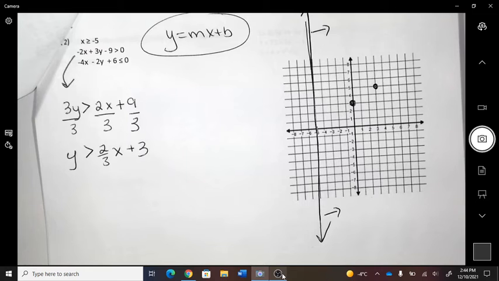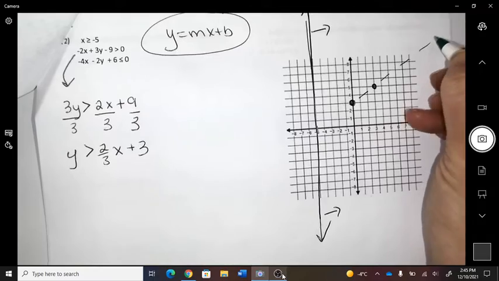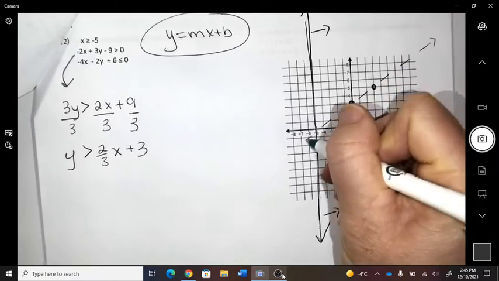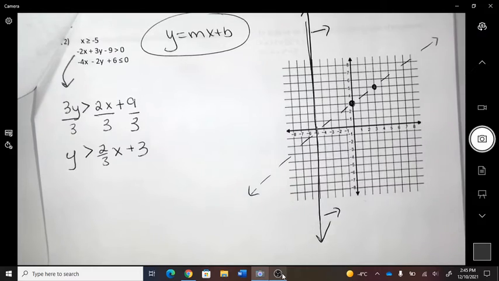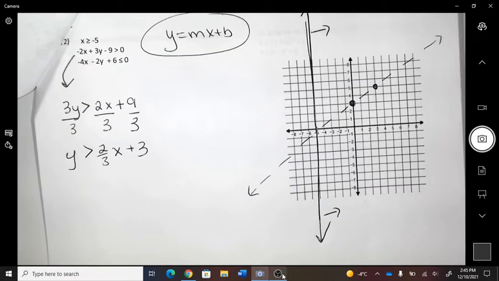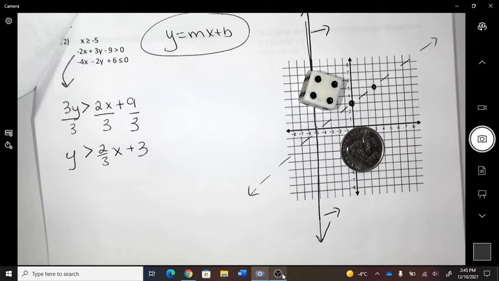Okay, before I draw my line, I'm going to analyze. What do you think, dashed or solid? Dashed. You are not allowed to be equal to that line. Okay, there's my 2 options on directions.